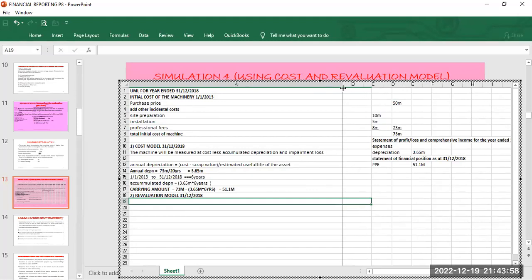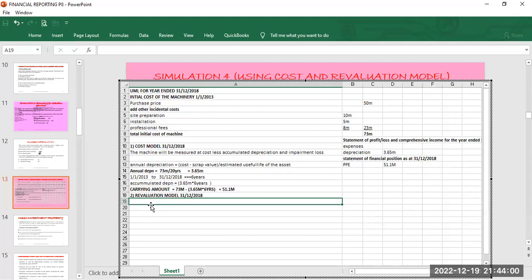So we may define some of the things that we said. When we go to the revaluation, we said these assets are going to be carried.